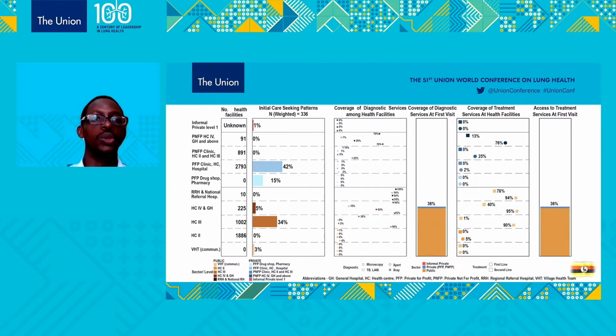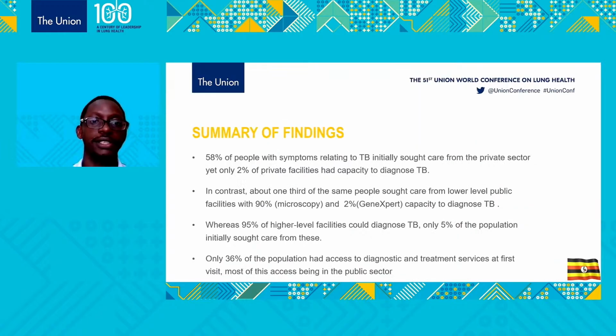And we see 2% in the third column of private facilities had diagnostic capacity. And most of the diagnostic capacity at the initial visit is in the public health facilities, which is about 35%, and a small 1% in the private health facilities.